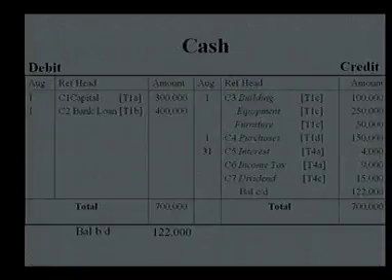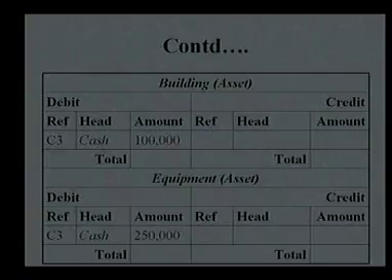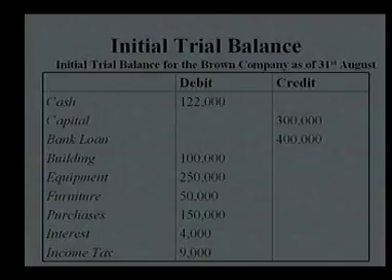Look at this slide. Where is the balance brought down position? It is under debit side. And what is the T account or the cash book? It is the cash T account. So for cash, when I enter it into the initial trial balance, I will put it under debit side. Is it clear to you now?